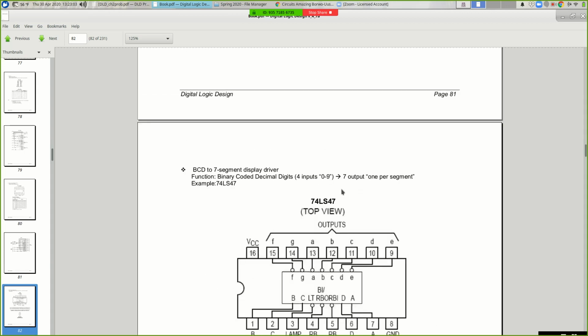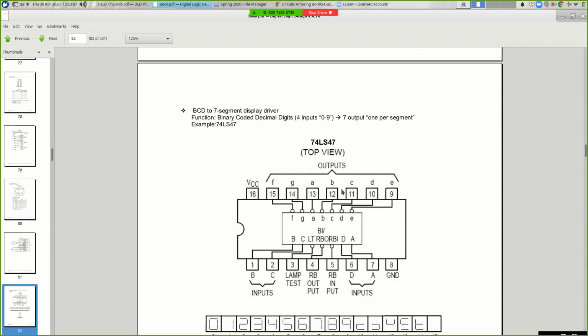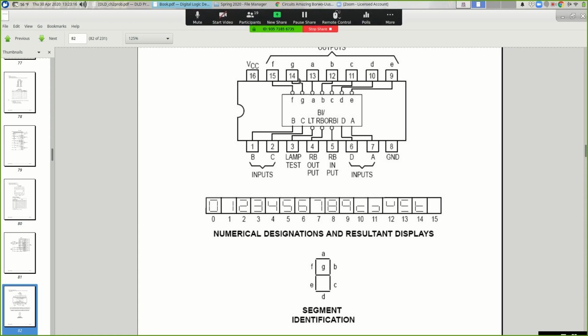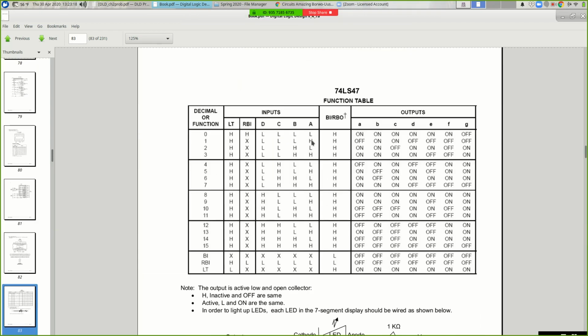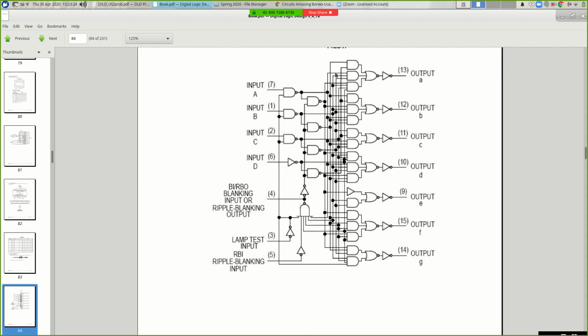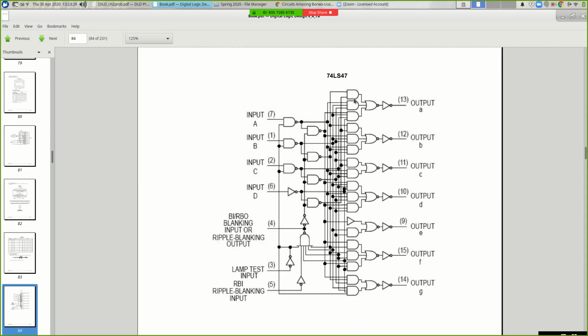This is a 7-segment decoder, and we do have 7-segment chips on TinkerCAD, so we'll play with those, and we'll use this chip to drive it. And that's got a very complex truth table and a very complex circuit that goes along with it. Okay, having this chip available means you don't have to build all this on your proto board, which is useful.